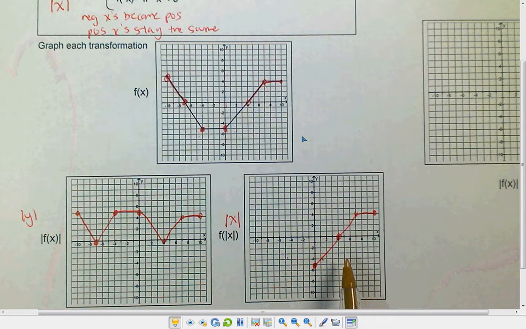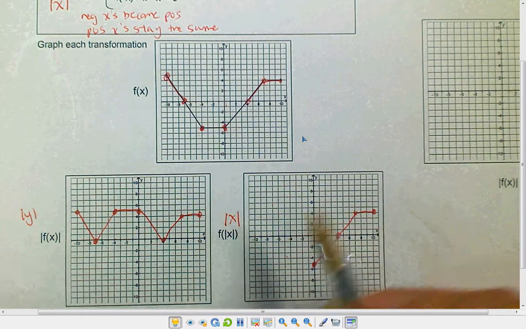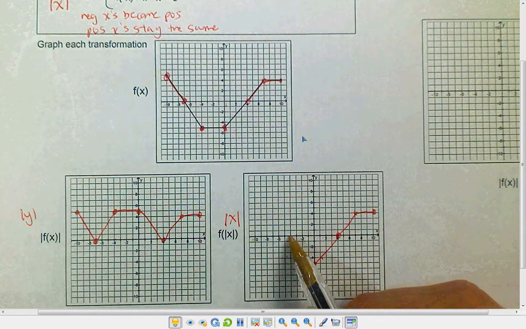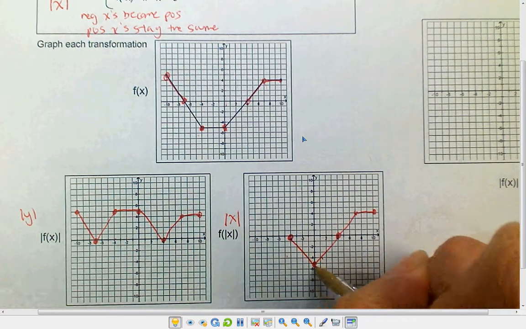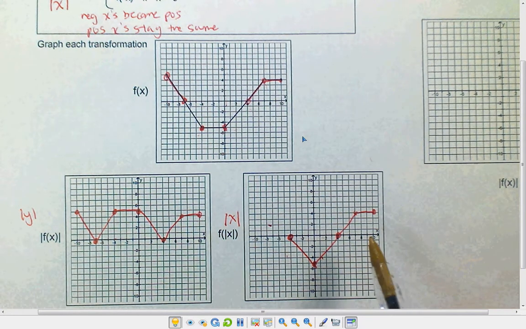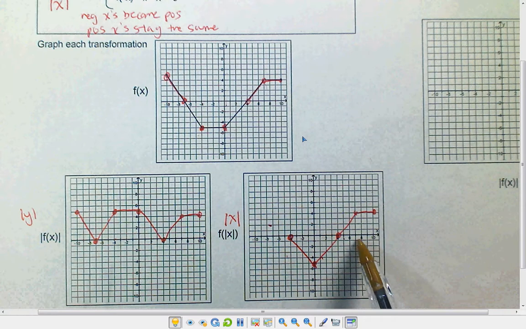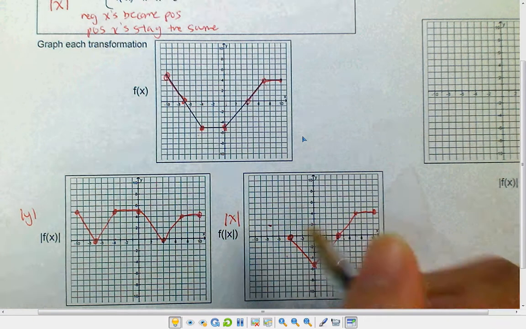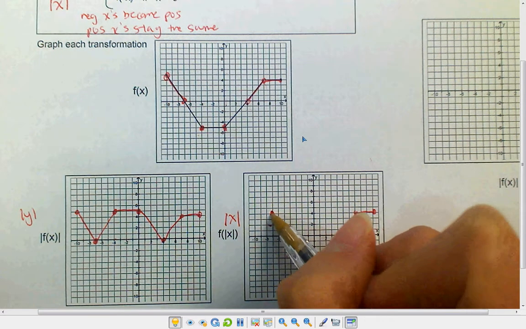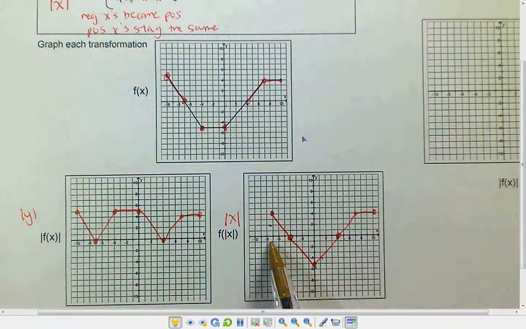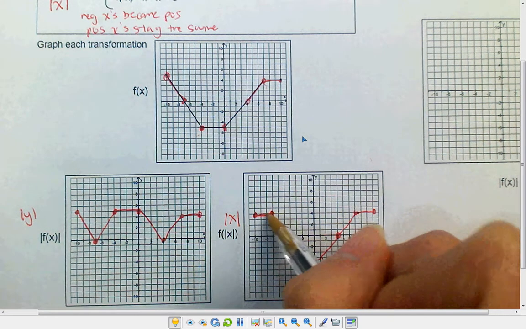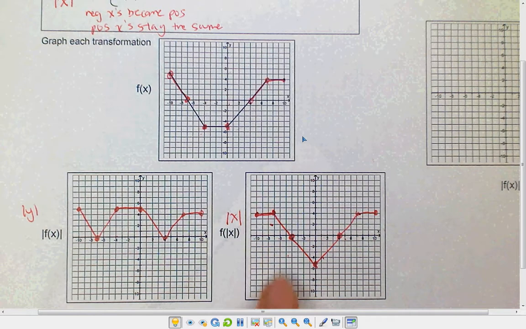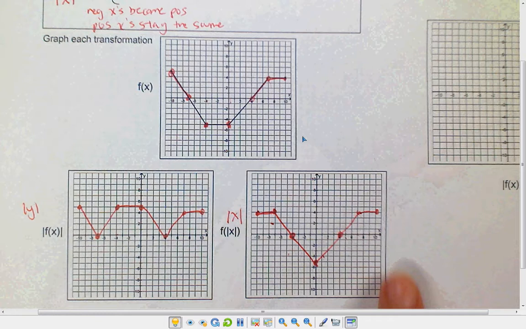For example, over here, if this was negative 4 and I'm making it positive 4, it's this point right here, so it's going to have the exact same point on this side. Same thing over here, this is 7, 4. If I'm making my negative 7 a positive 7, I'm going to end up with the exact same point right there. And negative 10 is also going to become 4. So I'm replacing all of my negative x's with what my positive x's were, which was exactly what was on this side.